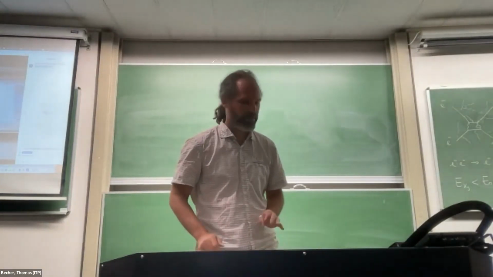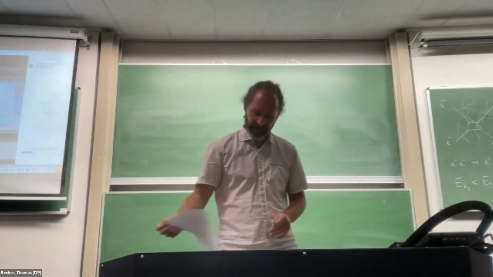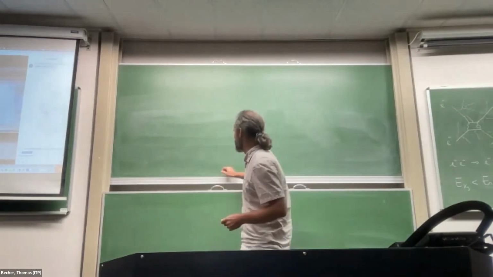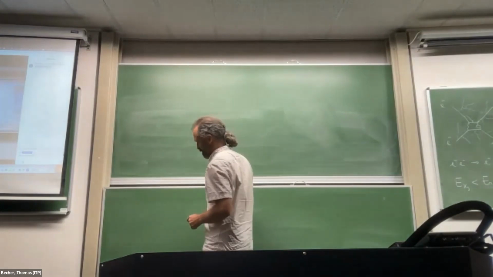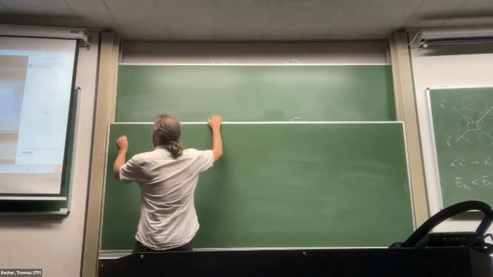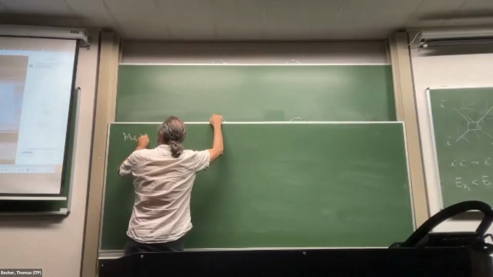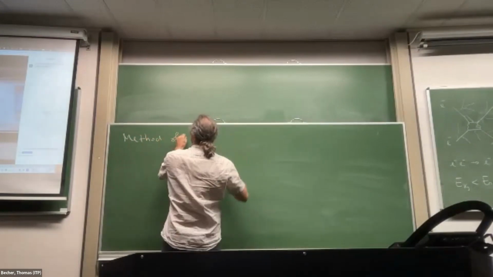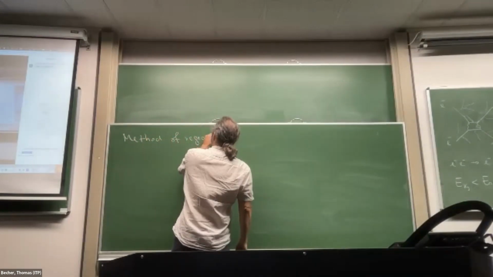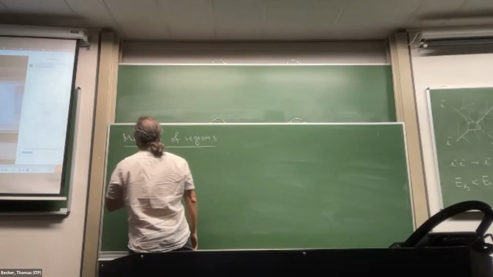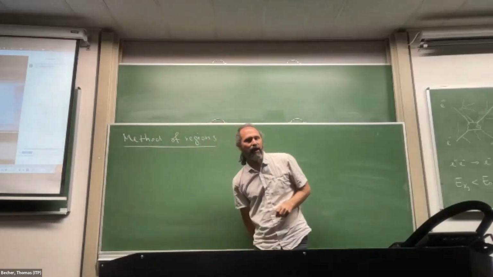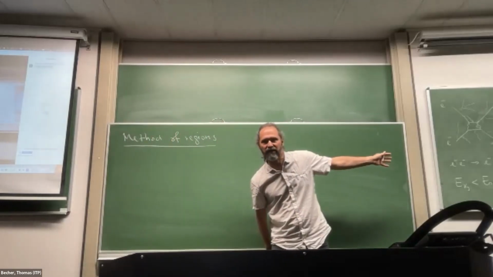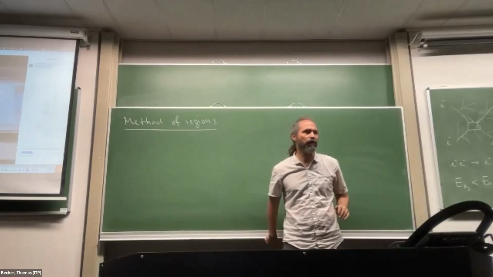And so the mathematical basis for this is called the method of regions. And it's just a question, how is this expansion we did yesterday also valid at the loop level?